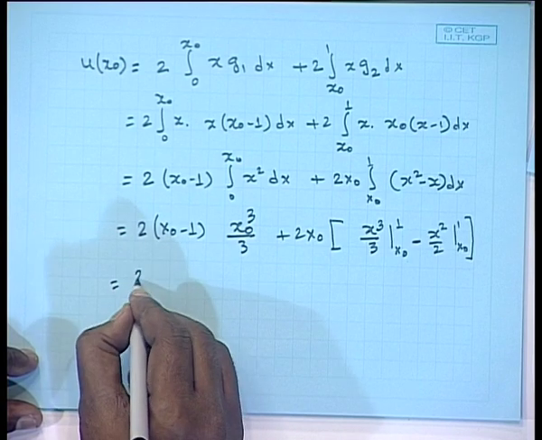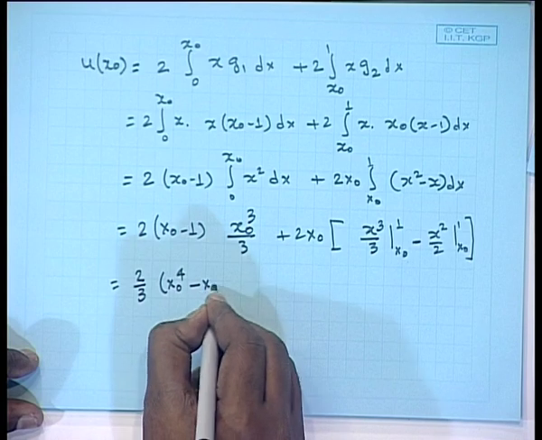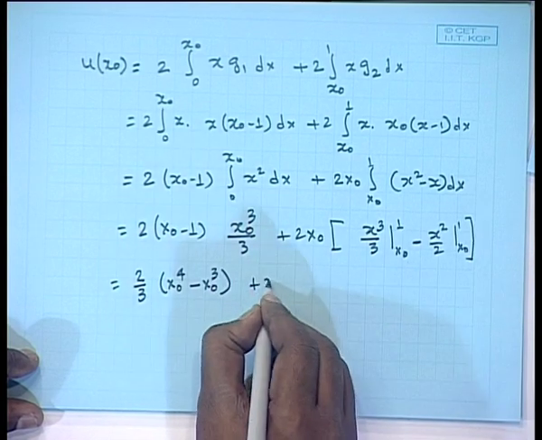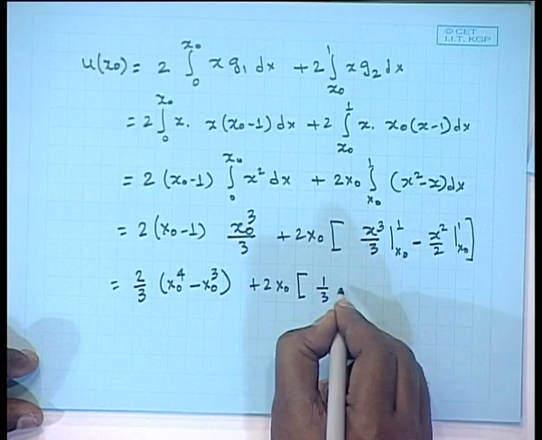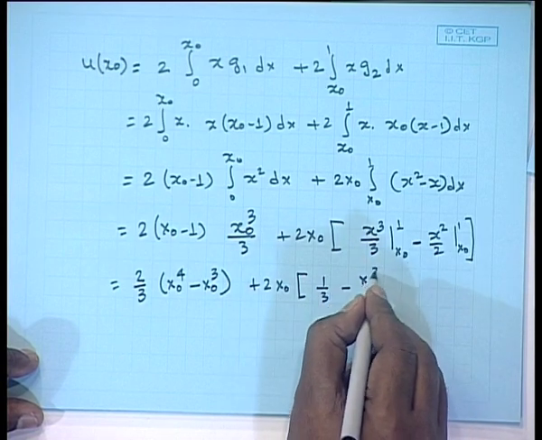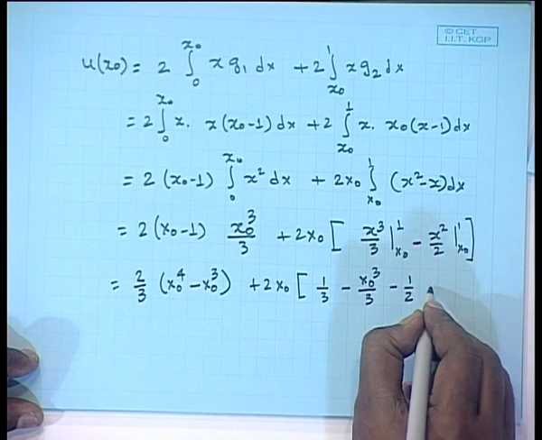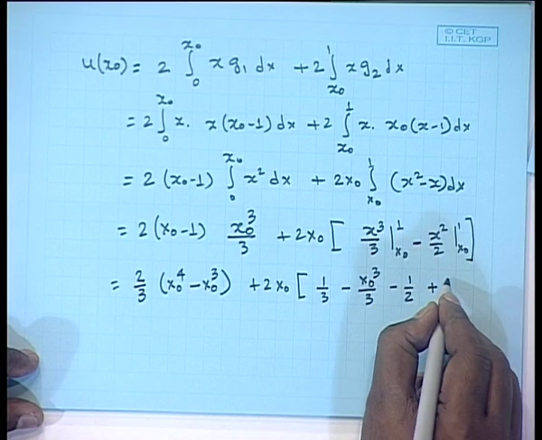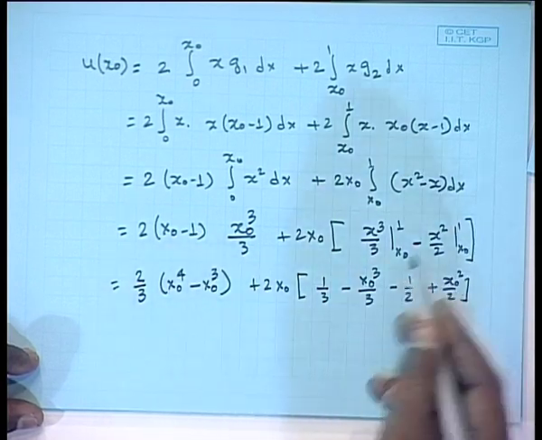So we will be getting 2 by 3 x naught to the power 4 minus x naught cube, plus twice x naught, we will be getting 1 upon 3 minus x naught cube by 3, minus 1 upon 2 minus x naught square by 2. Do the algebra.